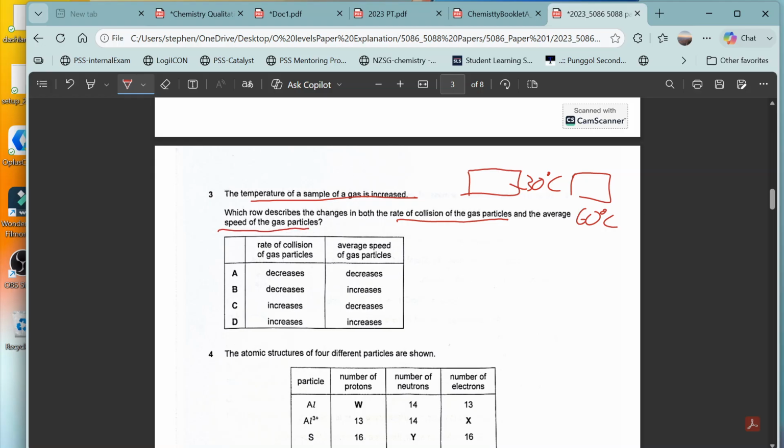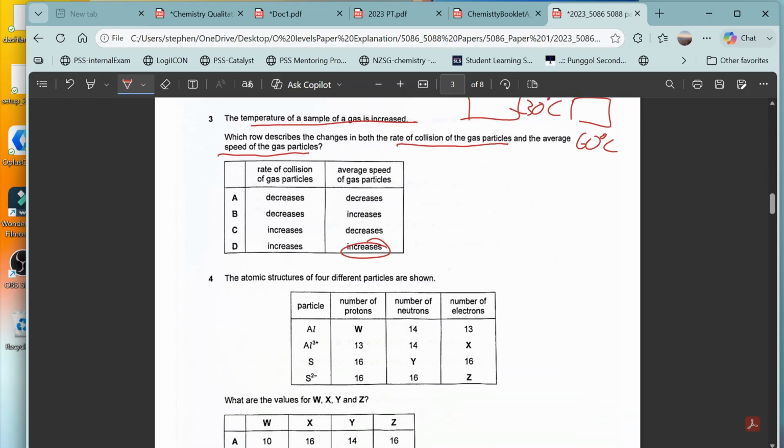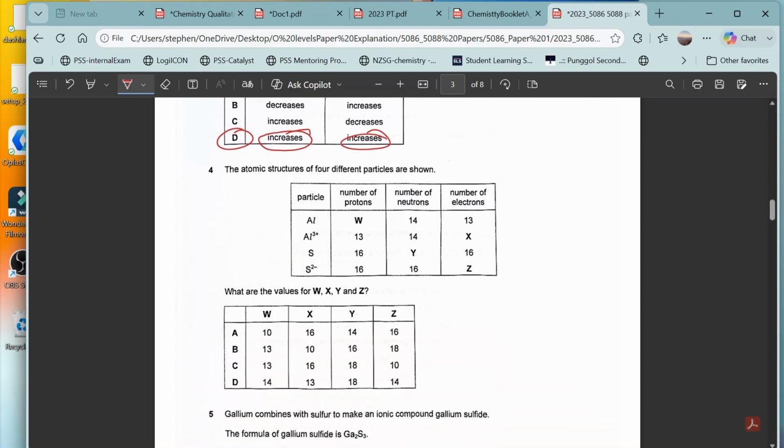I think this is quite straightforward, right? If you increase the temperature, of course the speed of the gas particles increases, getting hotter, they have more kinetic energy, and then the reactant particles hit each other more frequently, right? The frequency increases. So this is D.